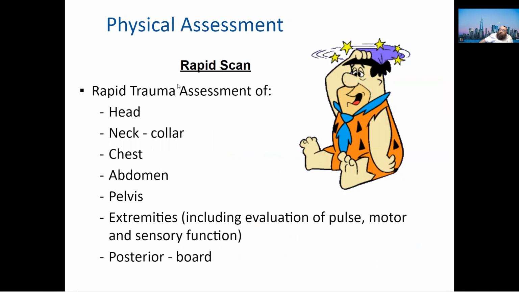There's something called a rapid scan, and it's always very complicated because in real life, we do a rapid scan at this point. The state does not require it at this point.